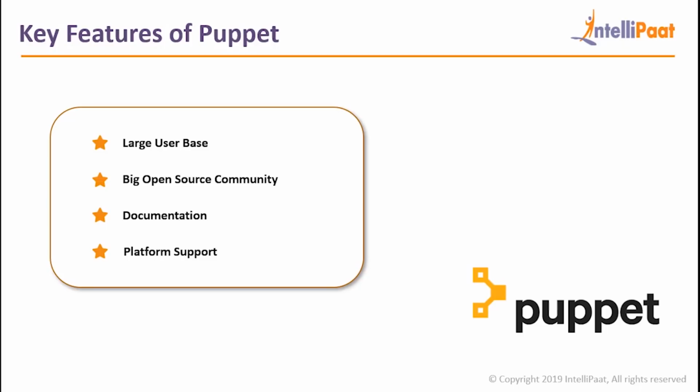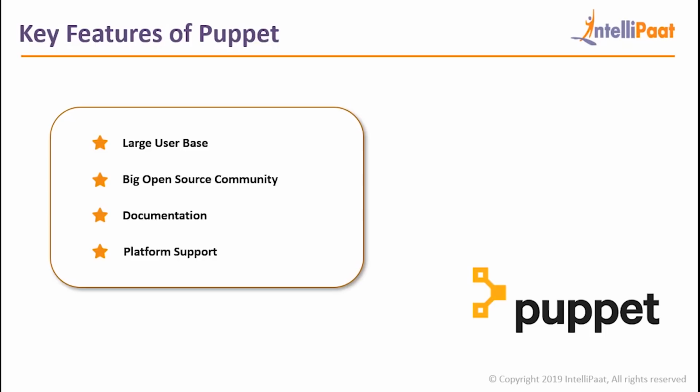The second point is that Puppet being an open source tool, there's a very big community for Puppet which constantly keeps working on it, adding features and resolving bugs, which makes the Puppet tool in itself very mature. Why mature?